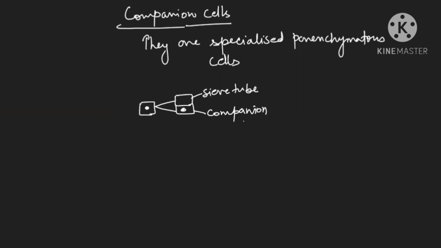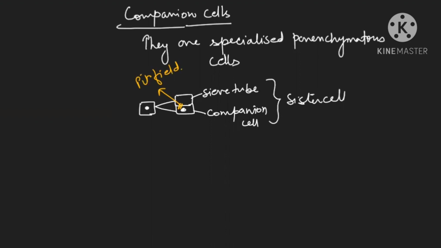That is why they are known as sister cells. In between them, we have already discussed, they have pit field connections. They are living cells and their nucleus controls the activity of the sieve tube elements.